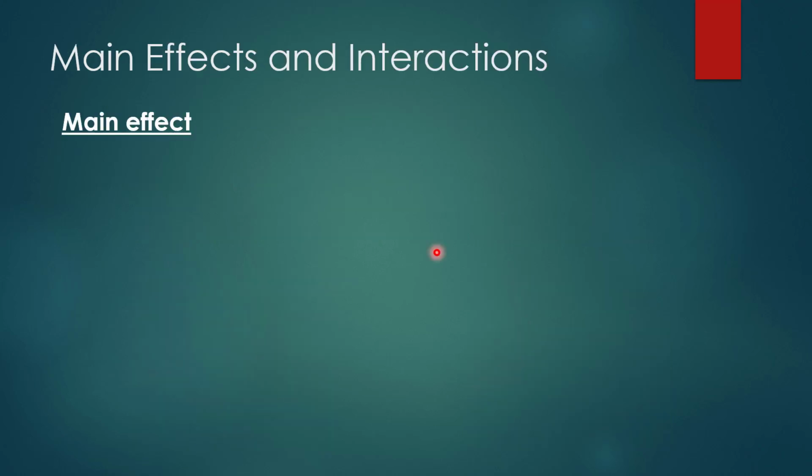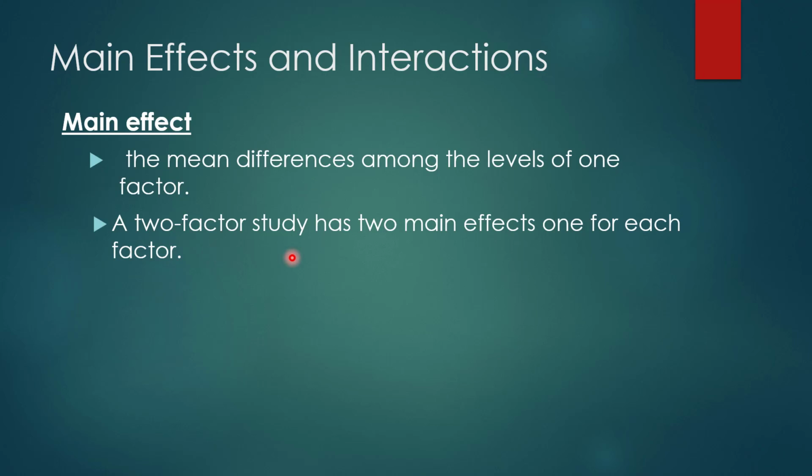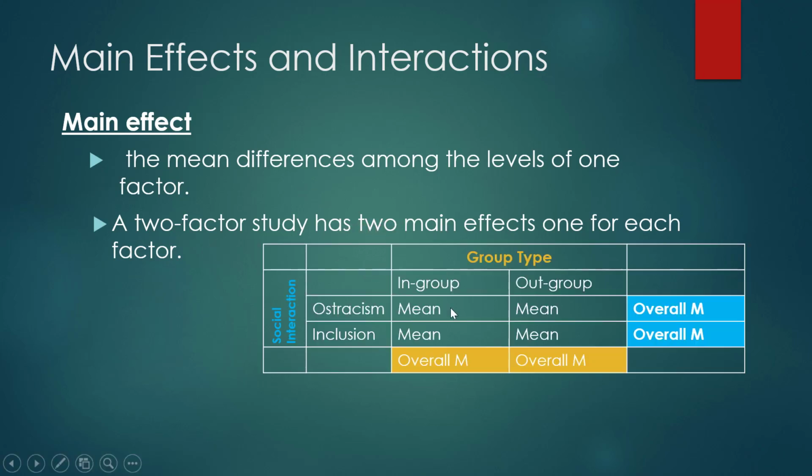So for the main effect, we're looking at the mean differences among the levels of one factor, one independent variable. In a two-factor study, we have two main effects, one for each factor. So here in our example, and this is the same example from the previous video, we have factor A, which is group type, and we have factor B, which is social interaction.